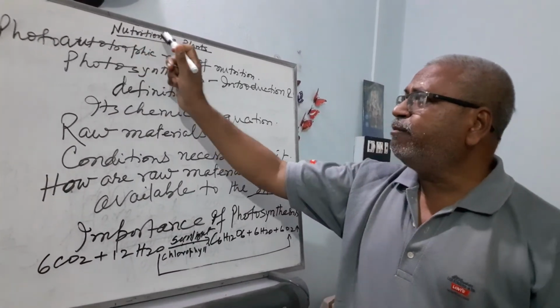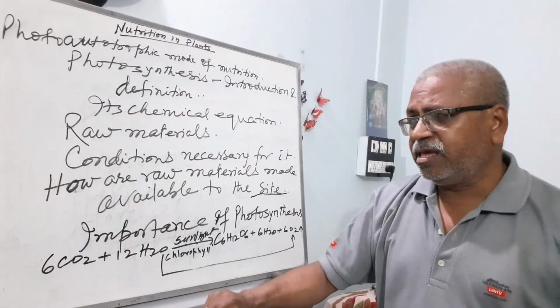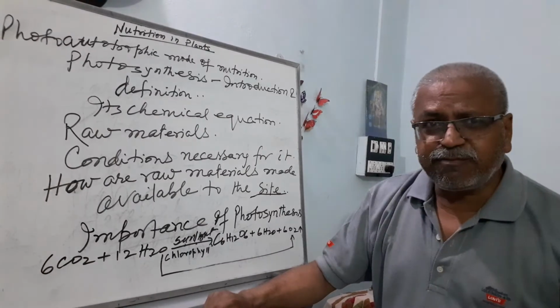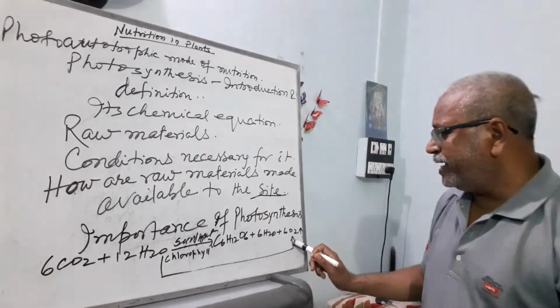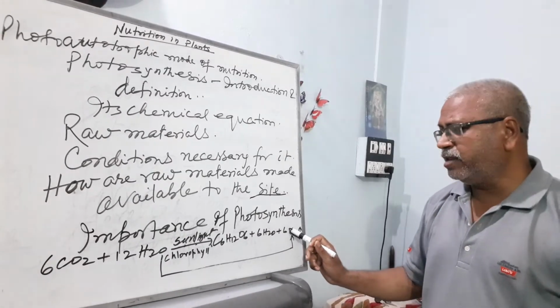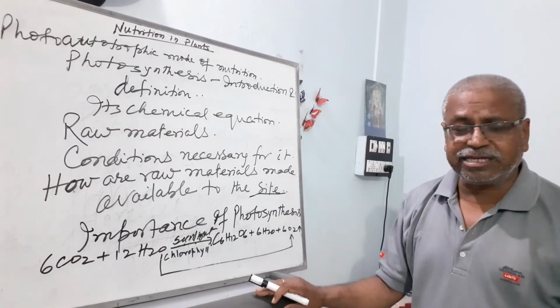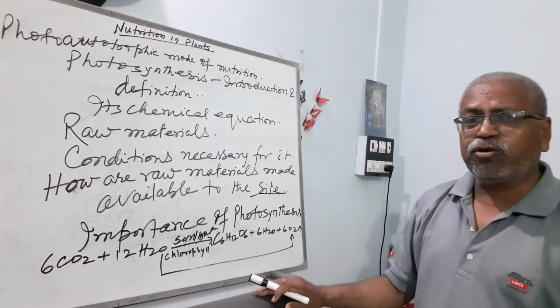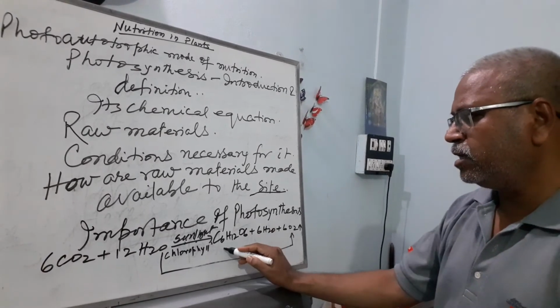What is the importance of photosynthesis? The first importance is release of oxygen into the atmosphere, which helps in balancing the oxygen carbon dioxide concentration.